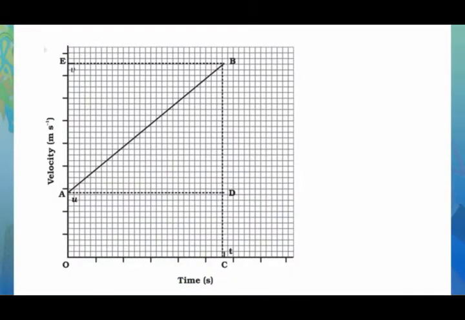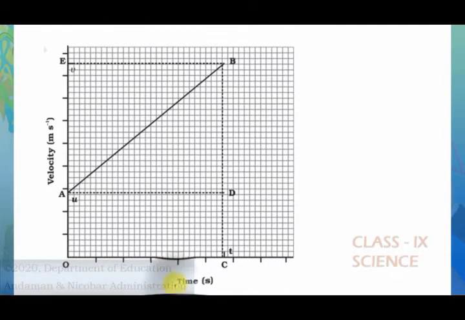Look at the velocity time graph, in which time is plotted along the x-axis and velocity is plotted along the y-axis. Here a graph is obtained as a straight line, which shows that the object is in uniform acceleration. In this graph you can see that the initial velocity is not 0.